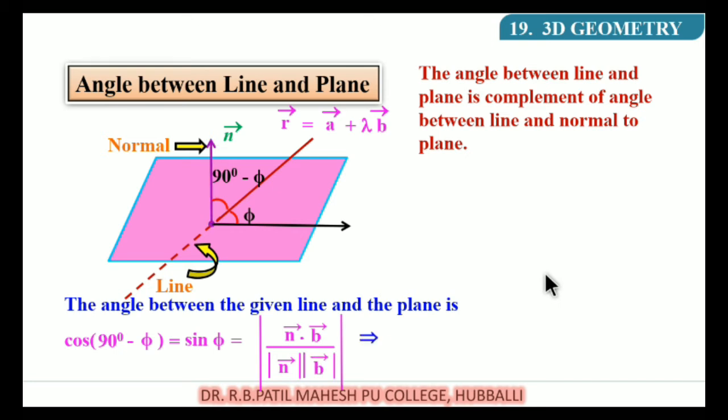This implies angle phi is equal to sin inverse of the modulus of n vector dot b vector divided by magnitude of n vector into magnitude of b vector. So this is the formula for the angle between the line and the given plane. Remember this, students, and we will solve some examples on this formula.